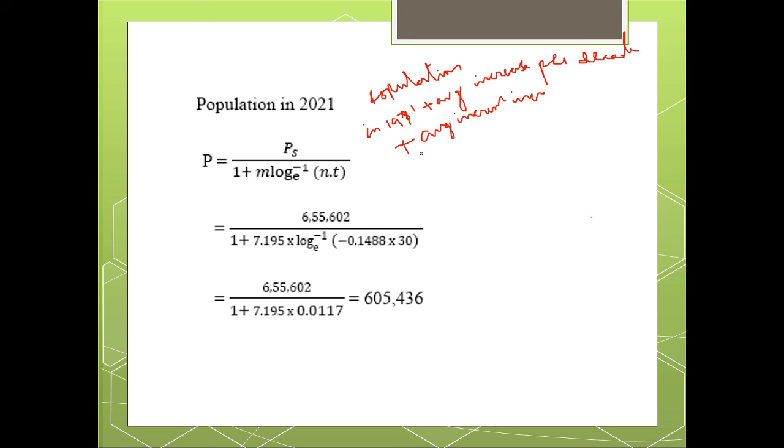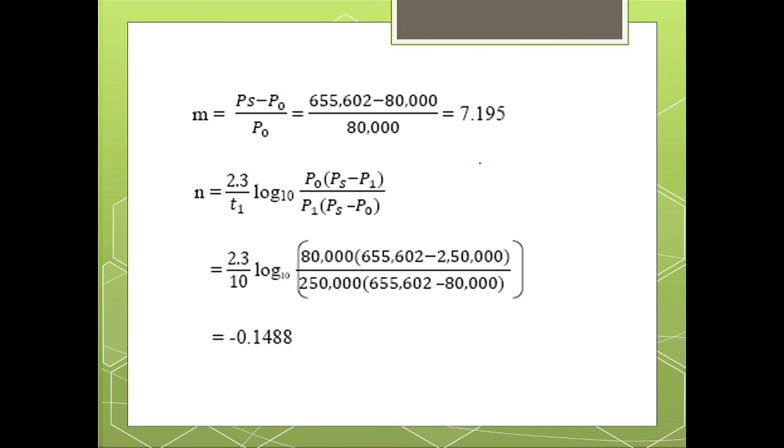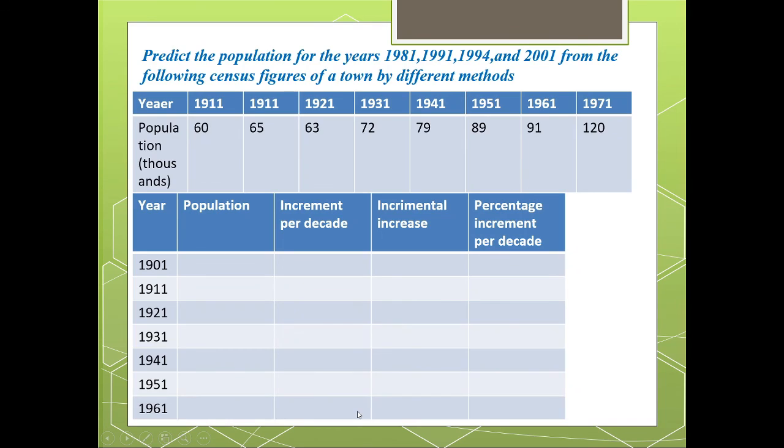Then you will get 131.57. If you want to find out the population in 1991, then take the population in 1981 plus add these things. If you want to find out the population in 1994, population in 1991 plus add those things multiplied with 3 by 10, you will get the total population in 1994. So this is the scenario. You have to find out the forecasting population by 3 different methods. I hope you understood.